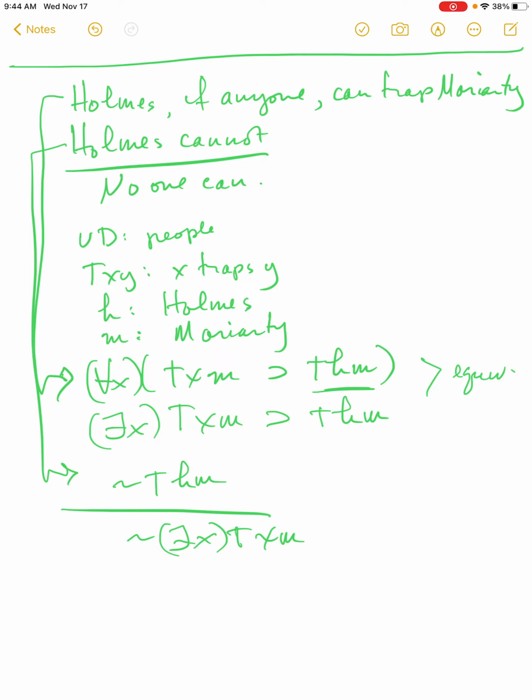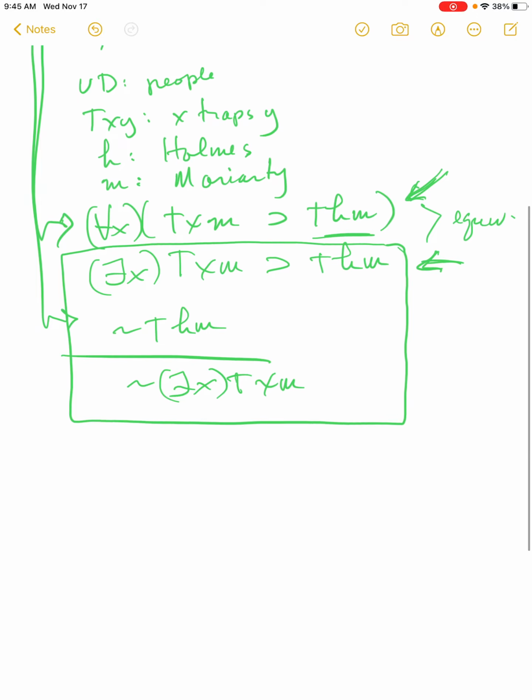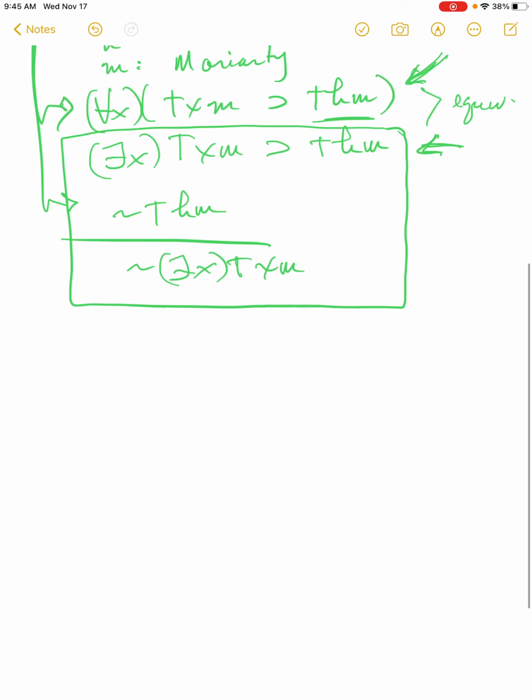So these two are equivalent, but just for the sake of the tree that we're going to do, we have to pick one. So let's pick the second one. Okay. So we're going to do a tree, and remember, how do you test an argument for validity using the tree method?